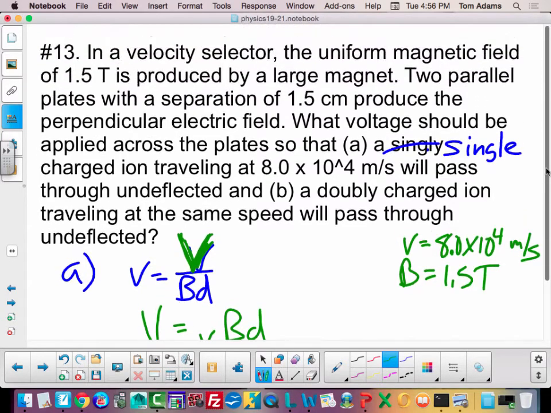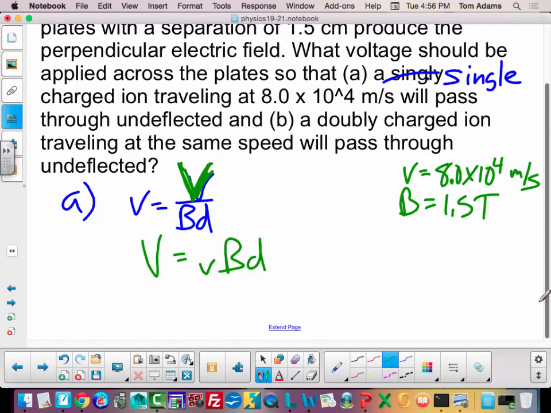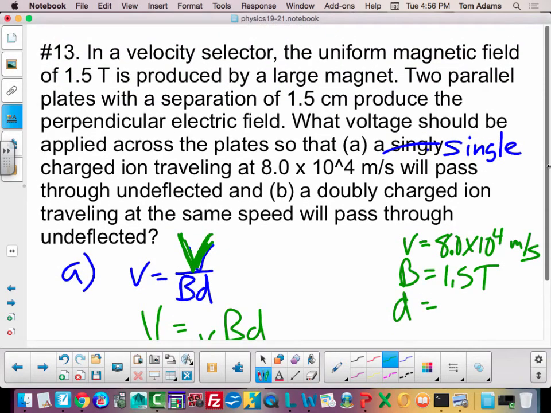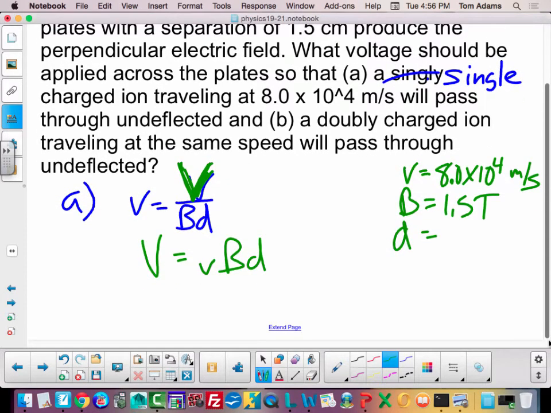Very rarely does a physics textbook make you convert Tesla. Almost always the fields will be in Tesla. Sometimes you'll have mega or micro and you got to put it in scientific notation, but in this case it's just Tesla. And then we need the distance. If I remember correctly, it was given in centimeters, so we do need to convert that to meters.